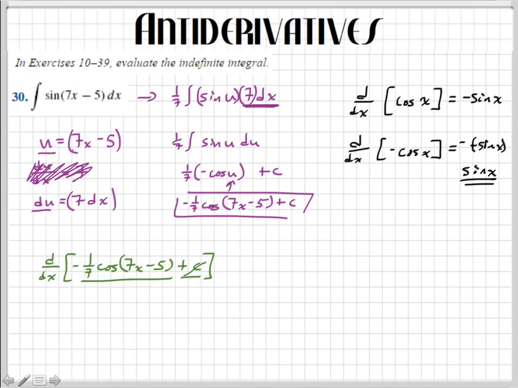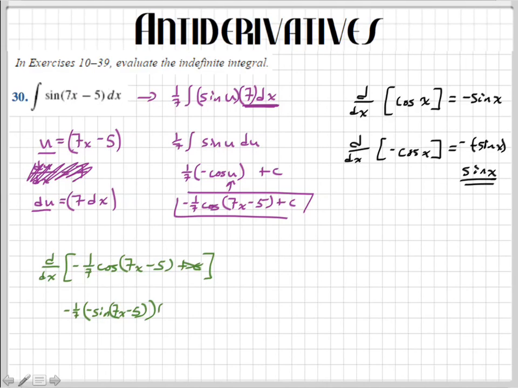The derivative of the constant really doesn't matter because the derivative of a constant is just 0, so we can ignore that guy. But over here, don't forget we have to use the chain rule. We have a function inside of another function. So I'm going to first take the derivative of cosine. The derivative of cosine is negative sine, and then I have everything inside of it.